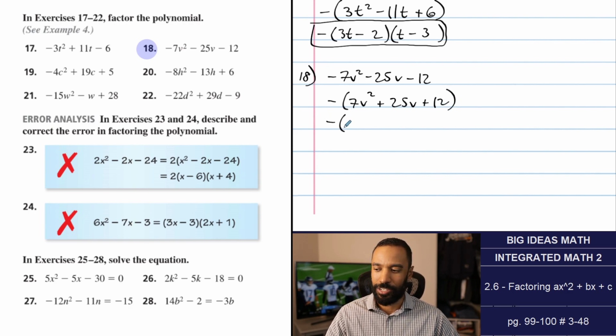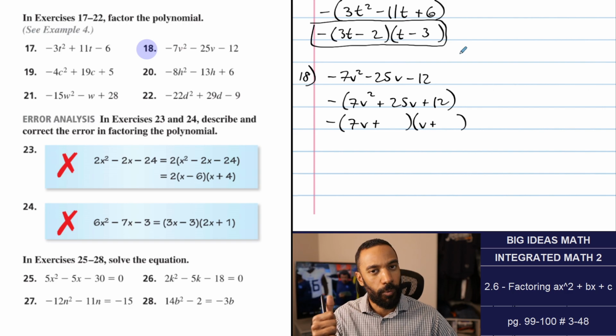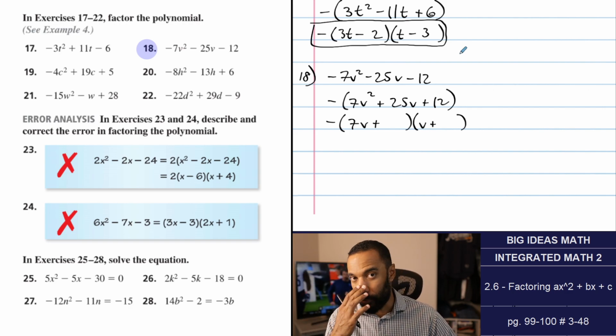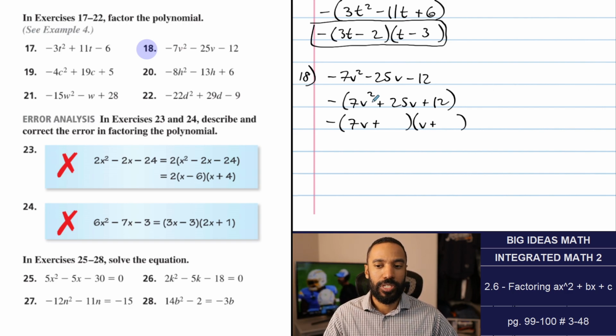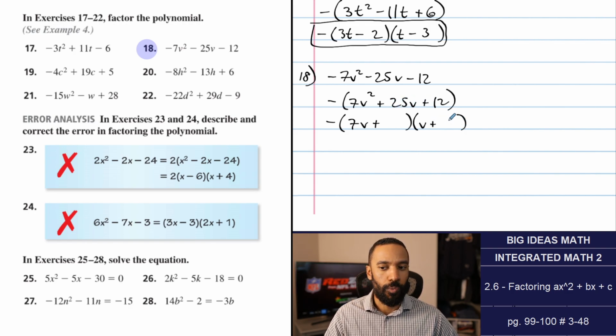Now, with that negative factored out, I got 7v times some v here. Everything's a plus inside, so plus and plus. 12 has 12 and 1, 6 and 2, 4 and 3. It won't be 6 and 2 with this even thing here. If it's 12 and 1, I'm not going to put the 12 with 7 because that'll give me a huge number. I could try 12 and 1 like that.